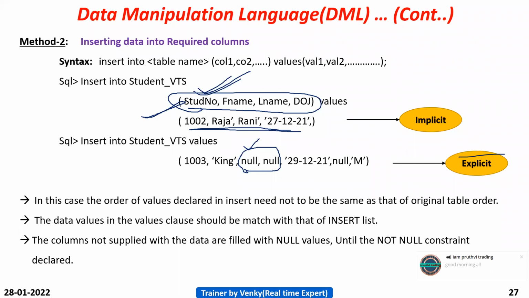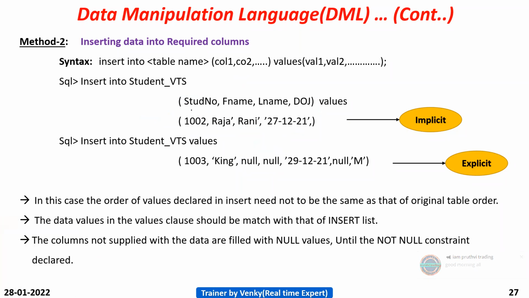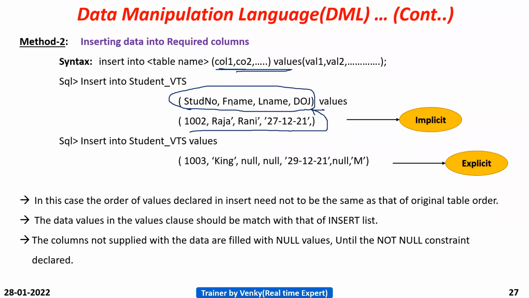I repeat again, you need not follow the original order of a table while inserting the data for the specified columns. That's your wish. But the data which you are inserting should follow the order of the column list. Column list is nothing but what columns you mentioned.